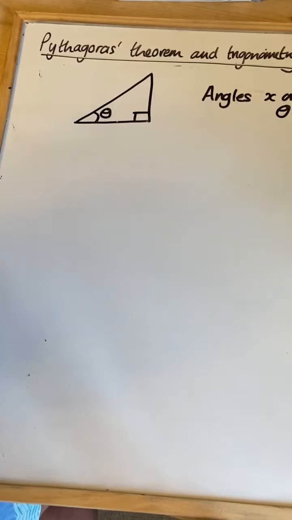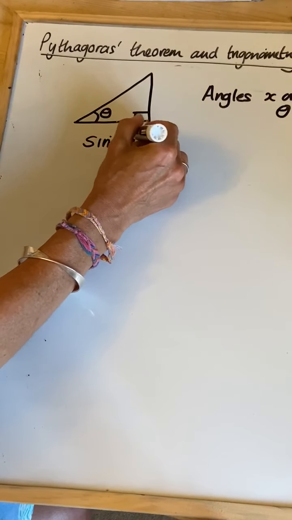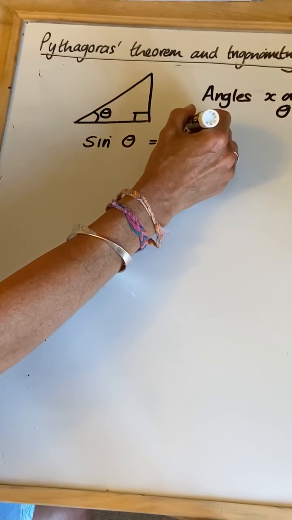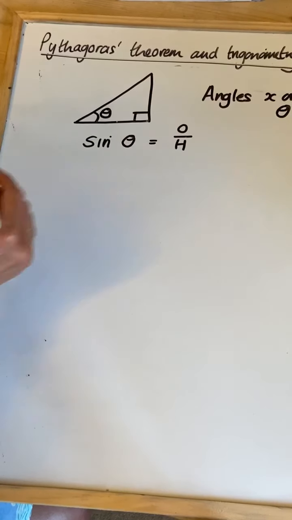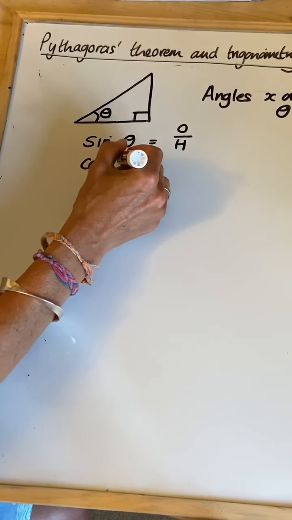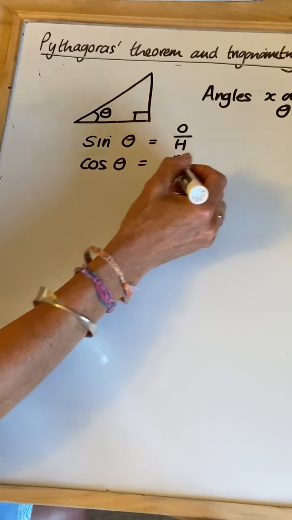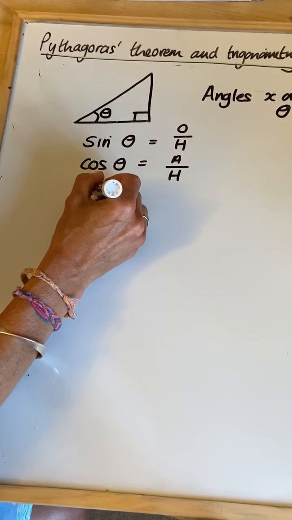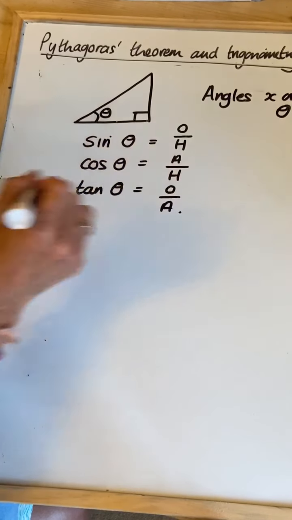So the links that you need to remember: sine of the angle is the opposite side over the hypotenuse. The cosine is the adjacent side over the hypotenuse, and the tangent of the angle is the opposite over the adjacent sides.